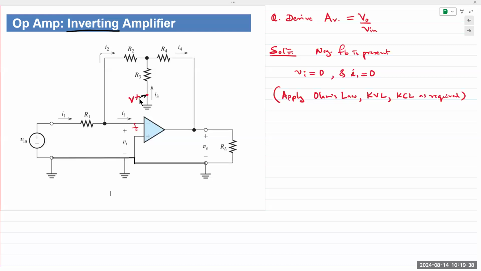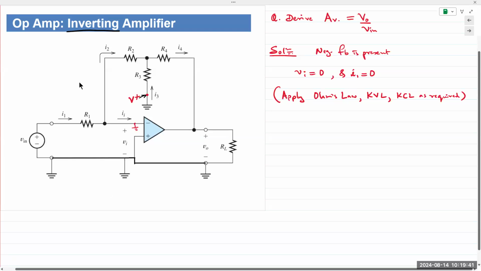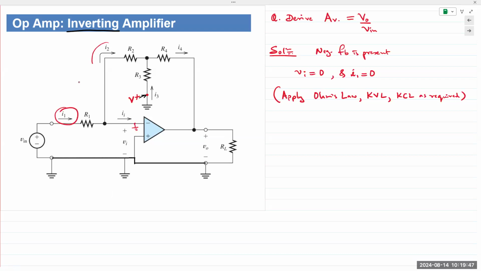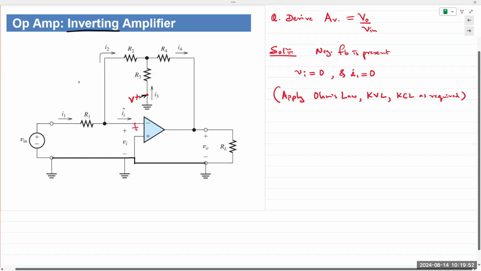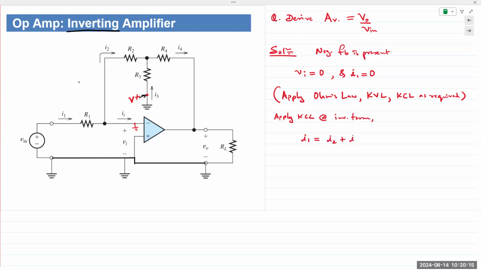So if we look at the input side, what do we notice? We have I1 that is flowing through R1, and then I2 that is flowing through R2. Our assumption is that the input current into the op-amp, II, is 0. So if we apply KCL at the inverting terminal, we get I1 is equal to I2 plus II, and II is equal to 0.